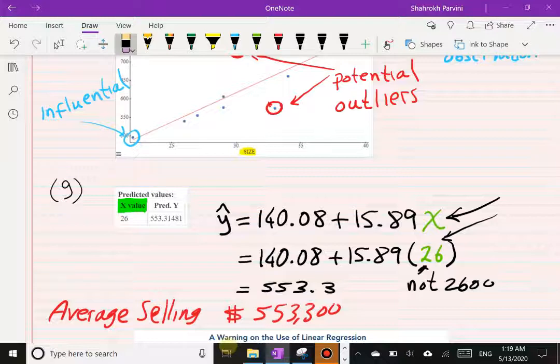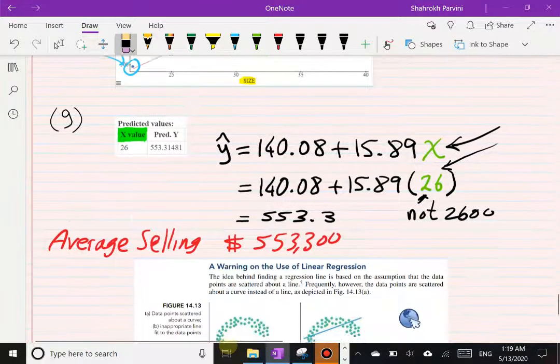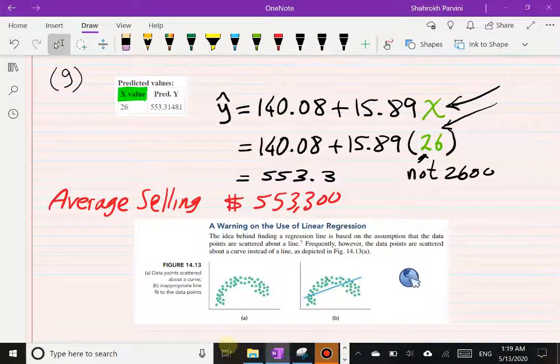Okay. And one more thing, and then I go to StatCrunch before I forget this part. Here, he's trying to give us a warning as far as the use of linear regression. The key word in linear regression is the word linear. You see that? That means a straight line. So our assumption is that, as he has mentioned here, the points are scattered about the line.